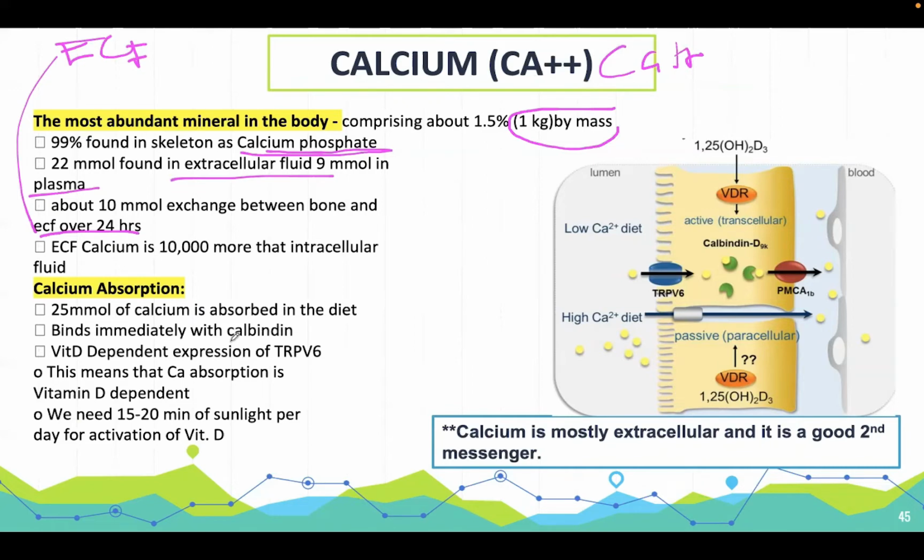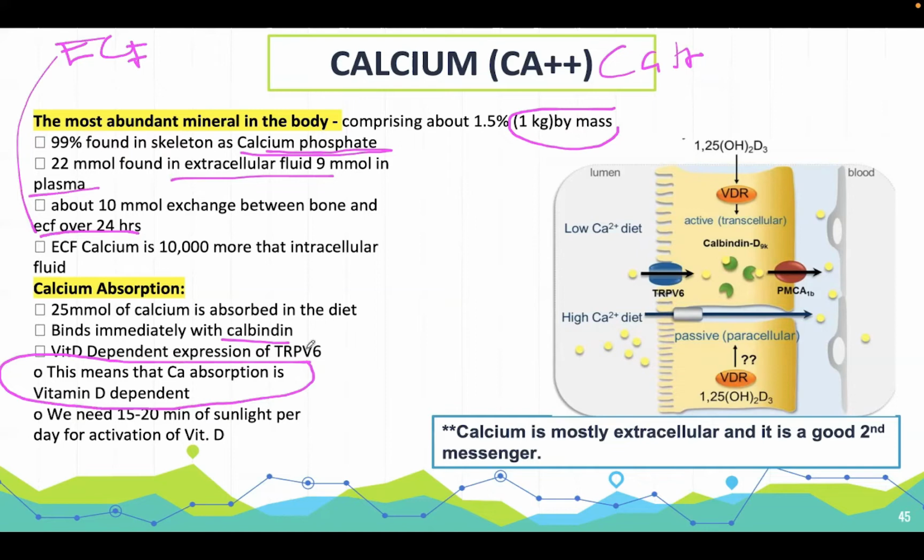It binds with calbindin. Okay? Medyo magka-partner po si calcium and si vitamin D. This means that your calcium absorption is vitamin D dependent. Pag nabanggit si calcium, automatic may isip mo na rin kaagad si vitamin D because mainly they act on your bones, and we need sunlight para ma-activate yung vitamin D that is necessary for your structure as well.